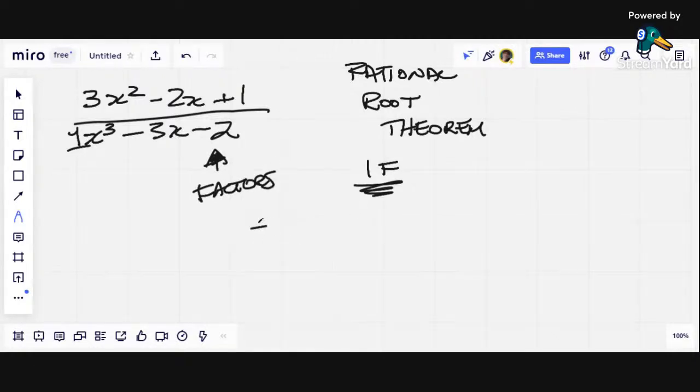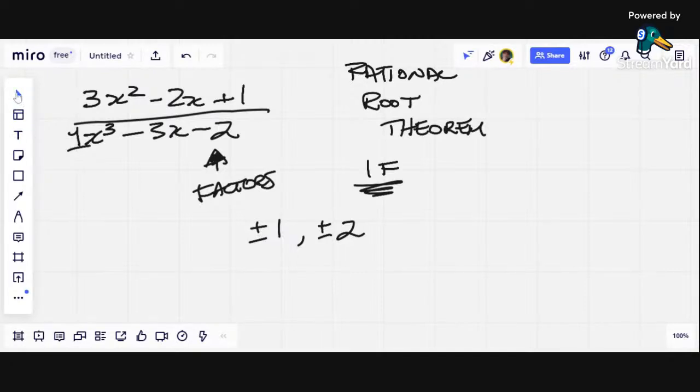So factors will be plus or minus 1 or plus or minus 2. We can test for rational roots just by using these factors. For example, let's say we want to test for plus 1.